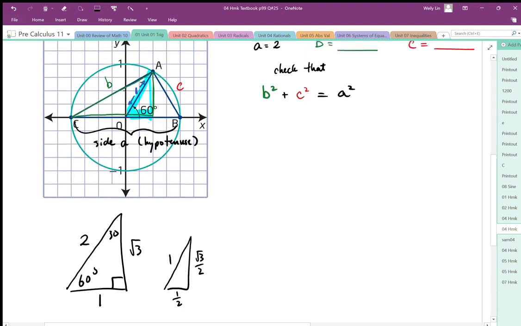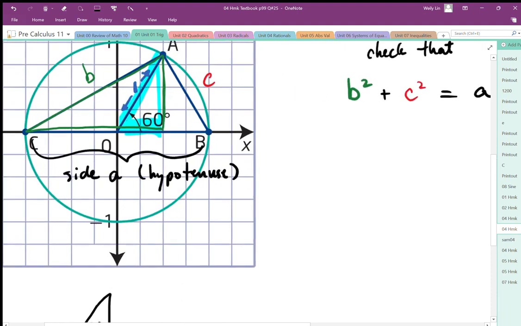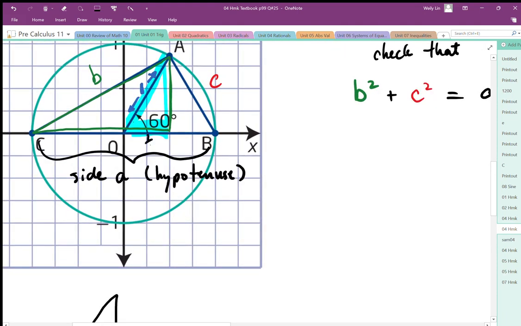So working out my lengths in this small diagram here, I can see that that length is going to be 1/2. This vertical length is going to be root 3 over 2.